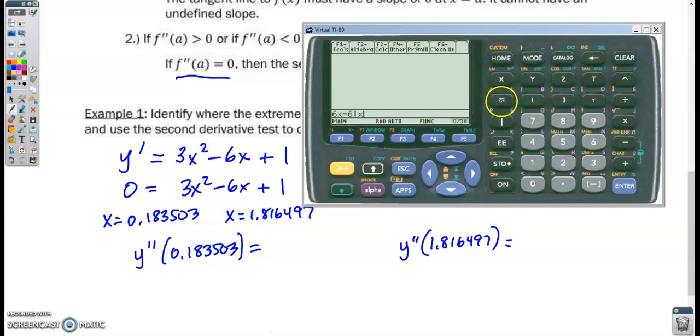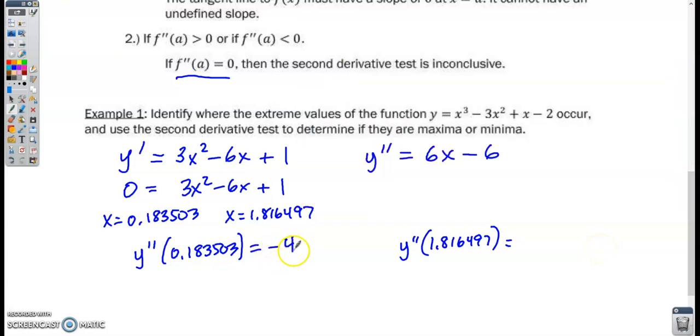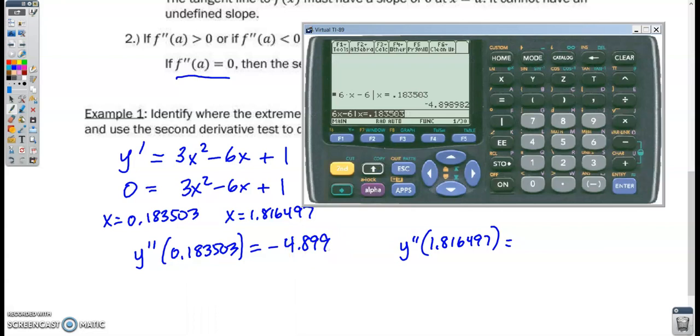At 0.183503, I get negative 4.899. I'm going to get the calculator stuff out of the way here. And the other point at 1.816497 gives positive 4.899.